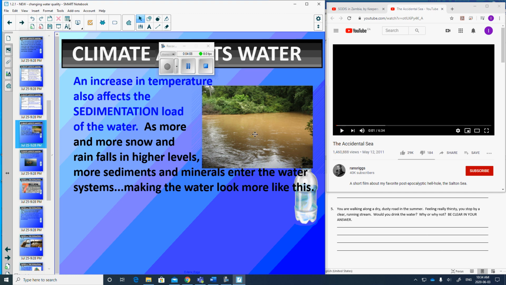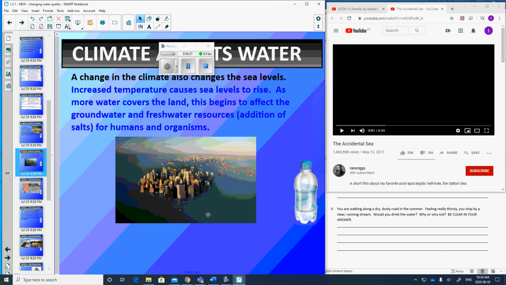It's dirty. It looks like this. It will clear up over the winter and over the summer as it dries up and there's less water moving and it carries less sediment. But certainly an increase in temperature can melt more of that snowpack and ice faster. Here's what New York might look like if sea levels continue to rise.